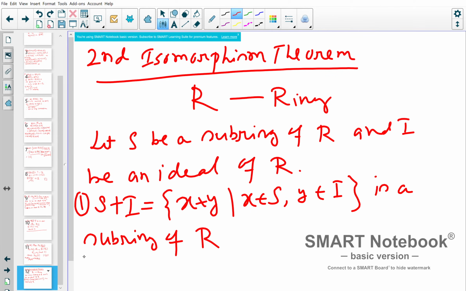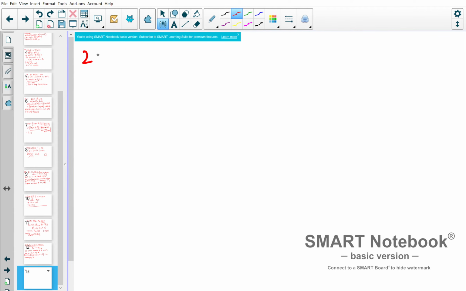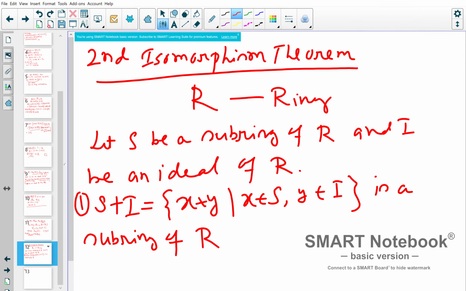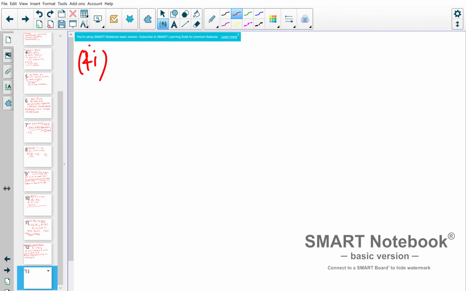So this is the first property, and second, not only that. Once this is a subring of R, then obviously I is an ideal of this. This is the second isomorphism theorem. And number two is what? You take this intersection, S intersection I. It is non-empty, right?